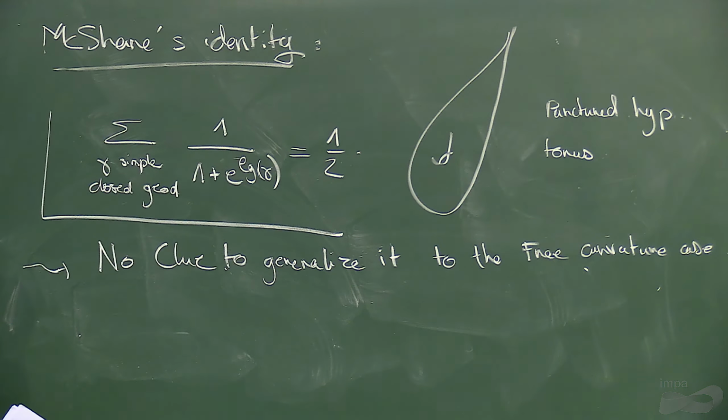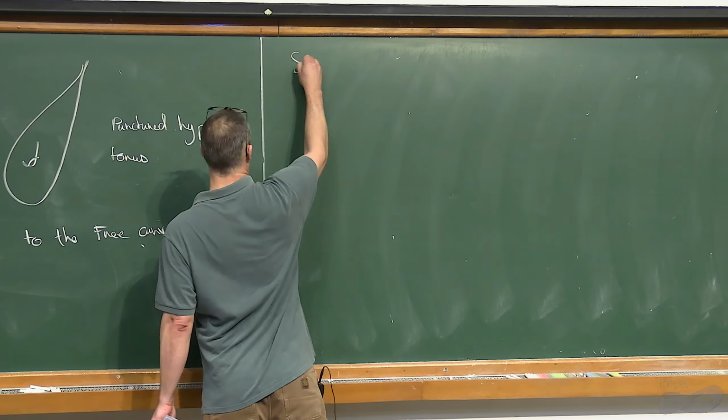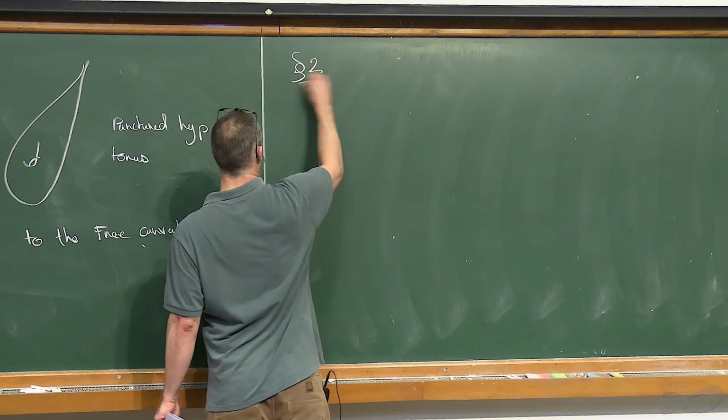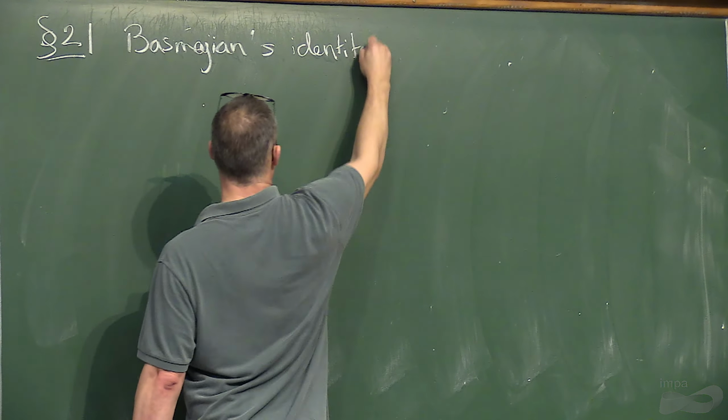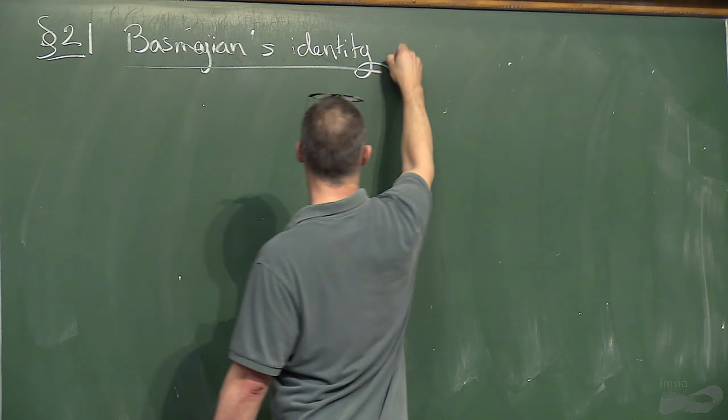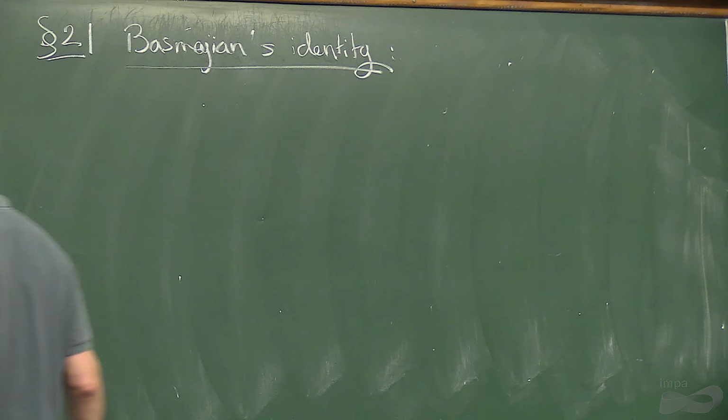Okay. But on the bright side, we can generalize another famous hyperbolic identity, which is due to Basmajian.